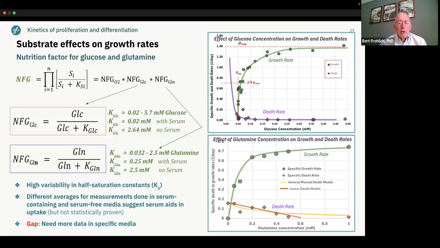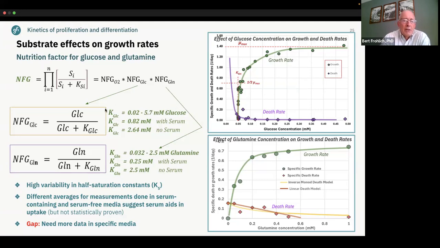The green curves are growth rate versus the glucose concentration. And we can extract the Monod constant, which is the K sub S in the equation shown there, for each of those substrates. And when we looked at that for all the cell lines that we could find, and we tabulated these values in the report, they covered quite a range.